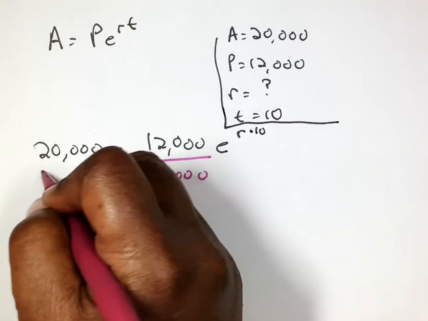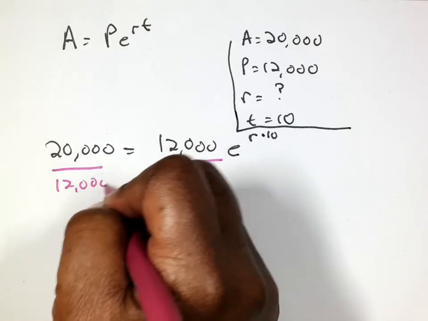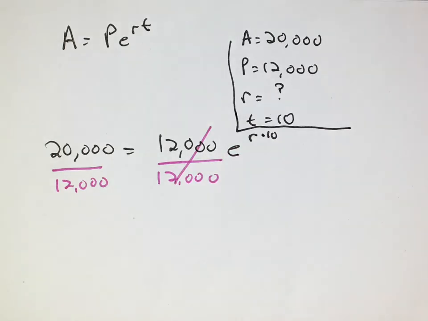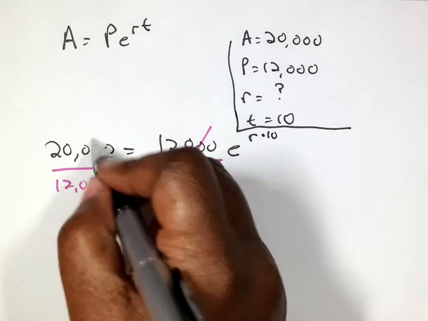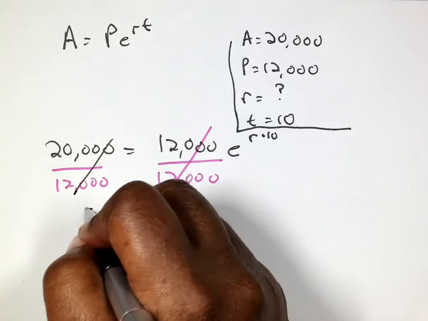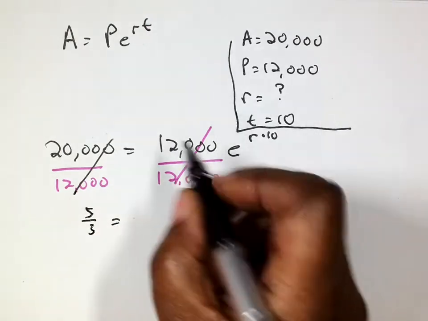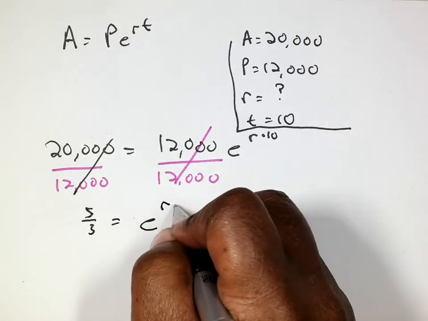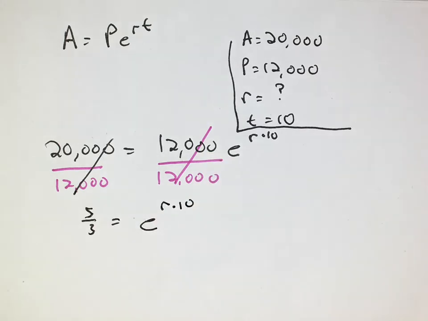So I'm going to divide both sides by 12,000, and the thousands are just going to cancel. If you reduce 20 over 12, it becomes 5 over 3. You can absolutely turn it into a decimal, but then you're rounding off, so I usually don't bother doing that.